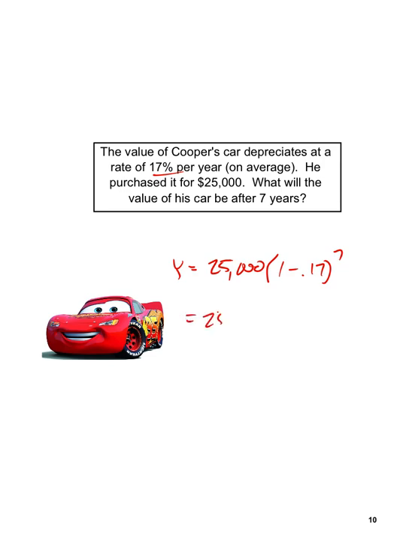So what we're doing here is maintaining 83% of the value each year. If we take that 83% and raise it to the 7th and multiply that by the initial value, the car after 7 years is worth $6,784.01.